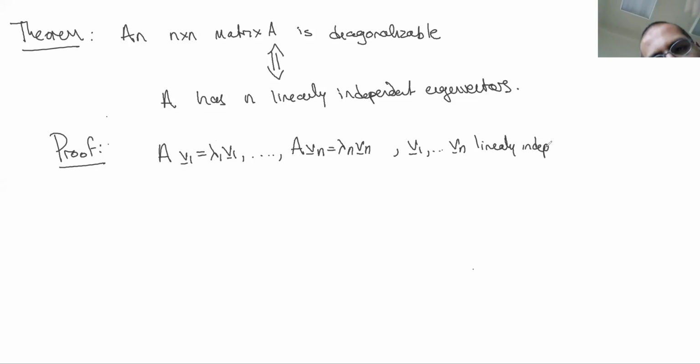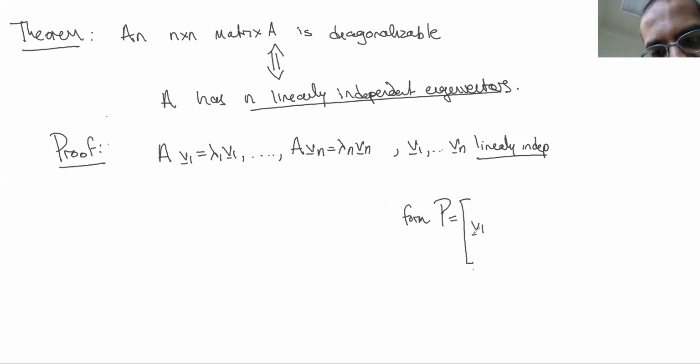So suppose you're in this situation, the case of having n linearly independent eigenvectors. Let's form a matrix P with just these eigenvectors as columns. And now let's form a diagonal matrix D with the eigenvalues as the entries.